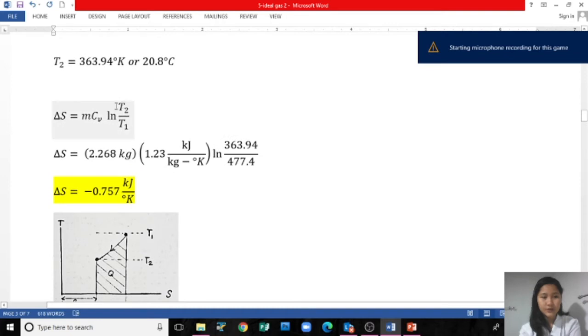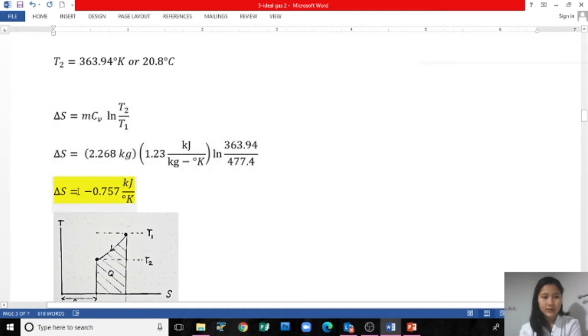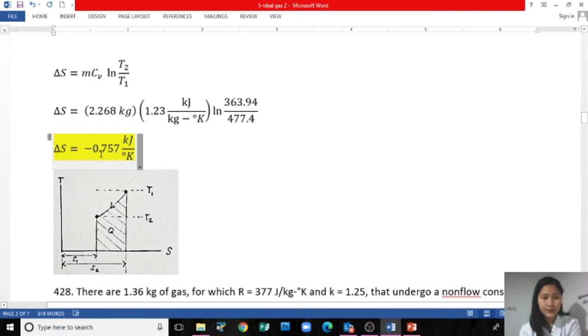Substituting all the given to the formula, delta S is therefore equal to negative 0.757 kilojoules per degree Kelvin, since the kilogram will be cancelled, and I don't put the degree Kelvin here because it will already be cancelled.